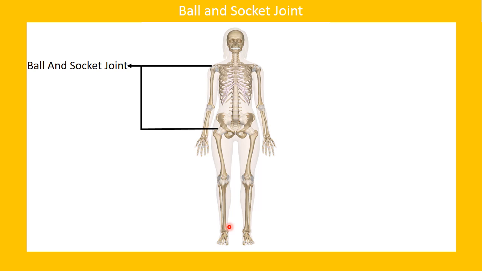These joints allow for the greatest freedom of movement. They help us to move very nicely. One bone has a ball-shaped head which nestles into a concave socket of the second bone. Examples are the hip joint and the shoulder joint. So here is a ball.